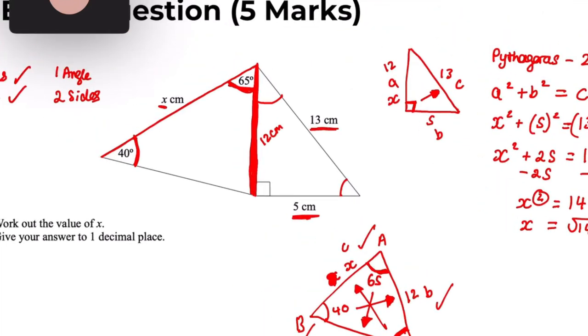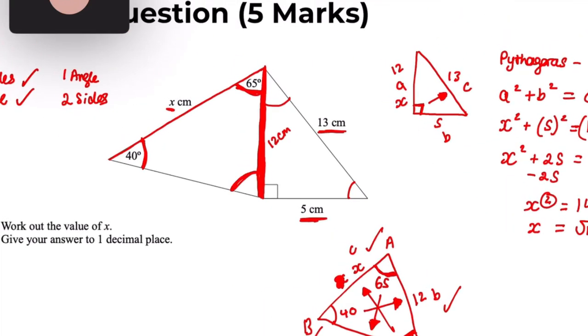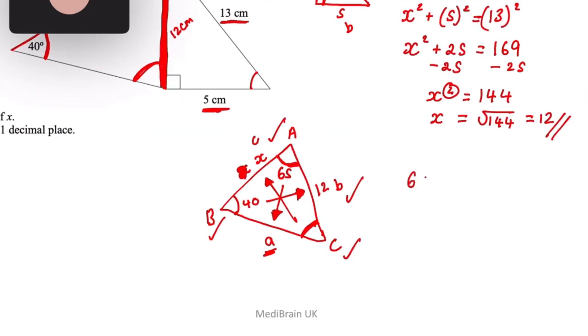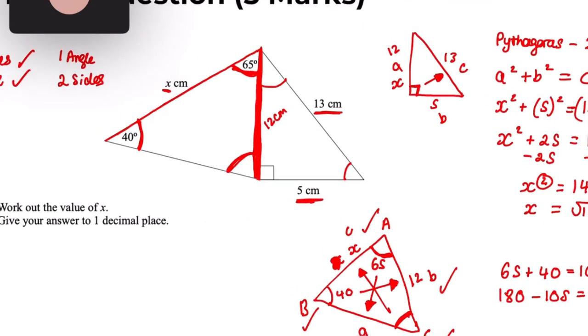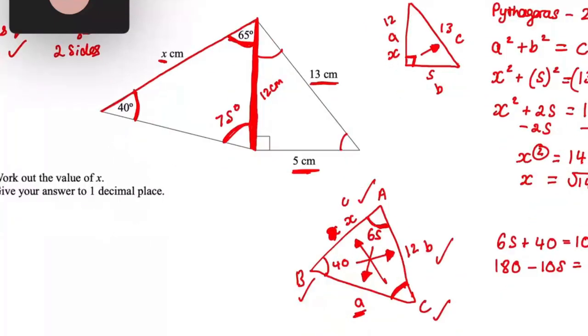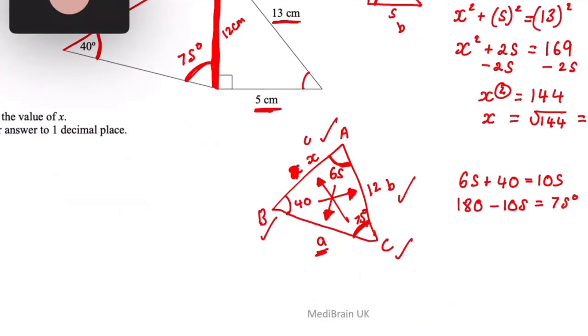So we would just do 65 add 40, and that's going to give us an answer of 105. And then we're just going to do 180 subtract 105, and that's going to give us 75 degrees. So this angle over here is 75 degrees. Okay, now problem solved. We know angle C and we need to work out C.